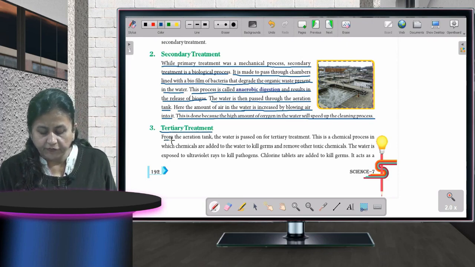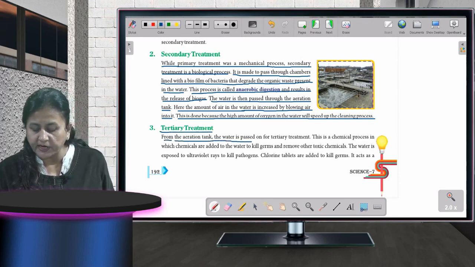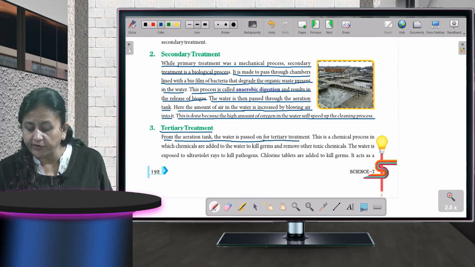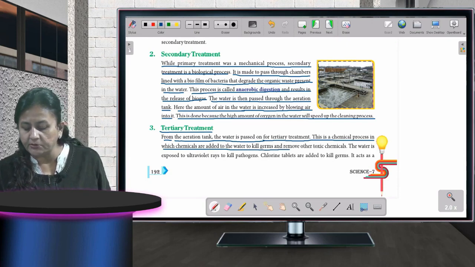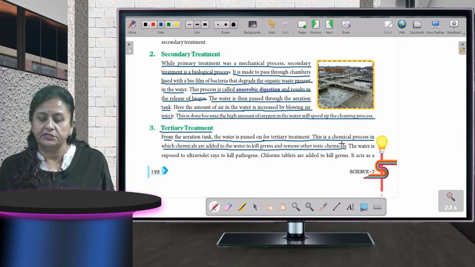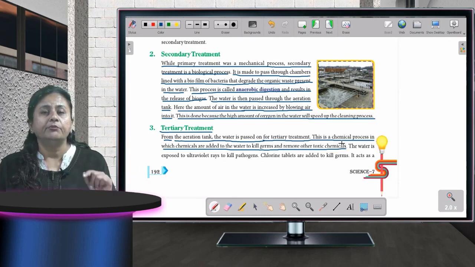From the aeration tank, the water is passed on for tertiary treatment. This is a chemical process in which chemicals are added to the water to kill germs and remove toxic materials. In the primary treatment, all insoluble things were removed.